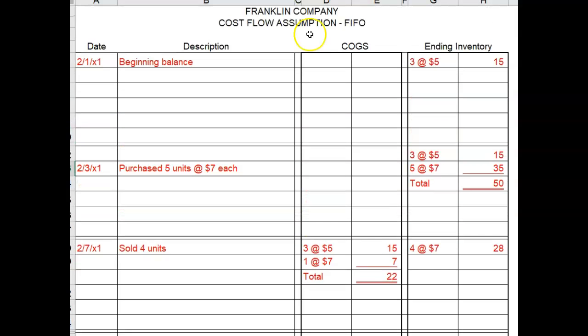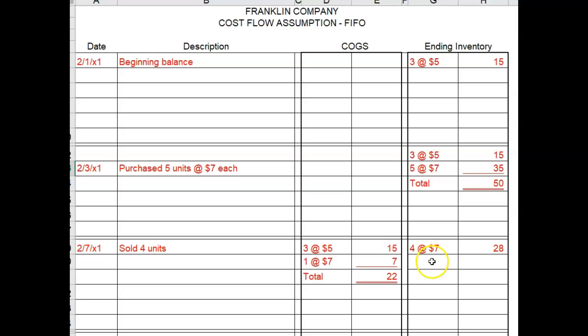Anytime you sell units, you have a cost of the sale of those units. 3 out of the oldest layer is $15, and 1 out of the newest layer is $7. So the cost of goods sold for the 4 units that were sold under FIFO was $22.